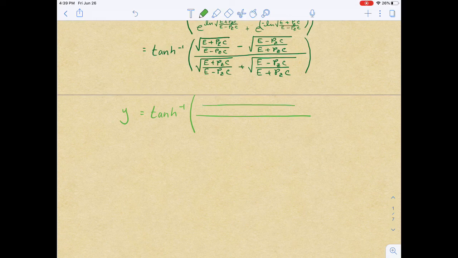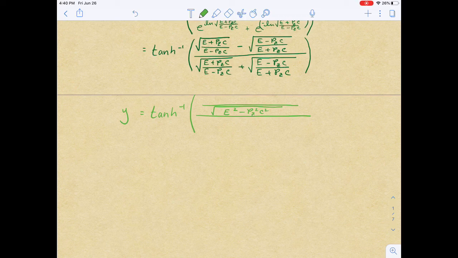In the bottom we have the square root of e minus pzc times e plus pzc, which is basically a minus b times a plus b, which we're very familiar with as a squared minus b squared, so I will just continue with that idea and write down e squared minus pz squared c squared.